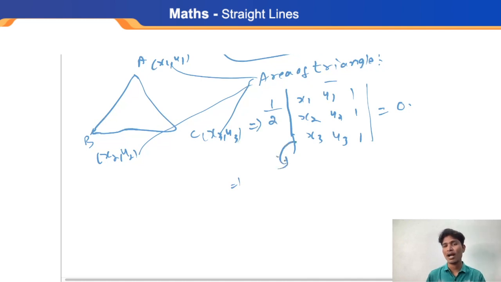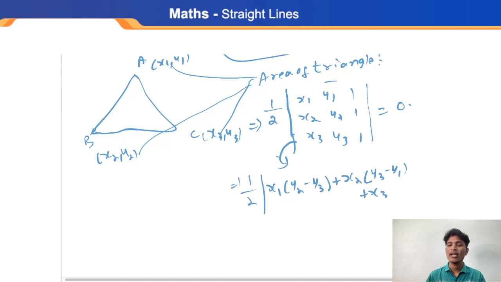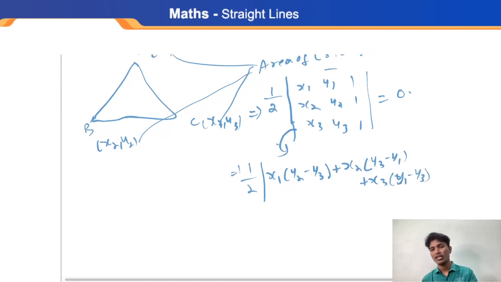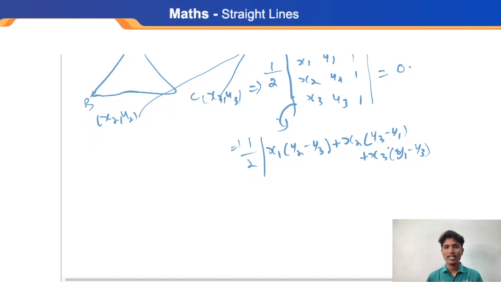If you don't know the matrices or determinants, you can remember the next formula, that is half modulus of x1 into (y2 minus y3) plus x2 into (y3 minus y1) plus x3 into (y1 minus y2).